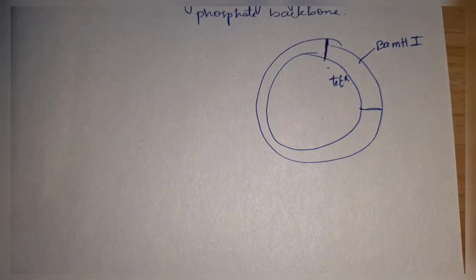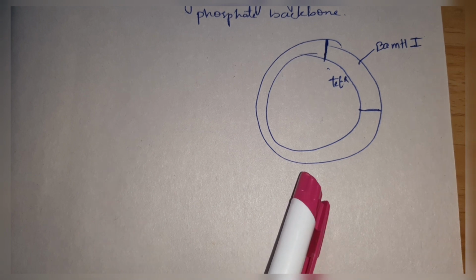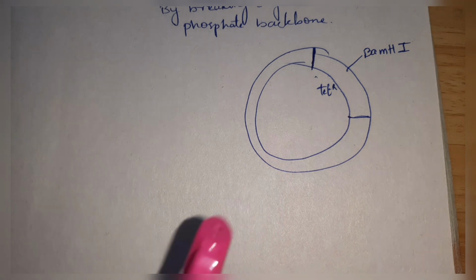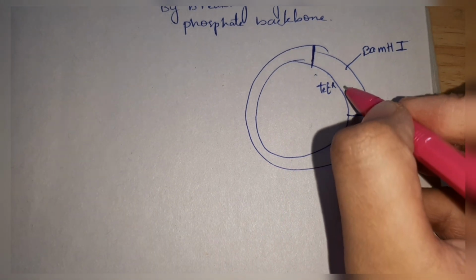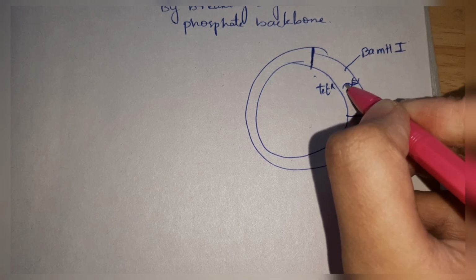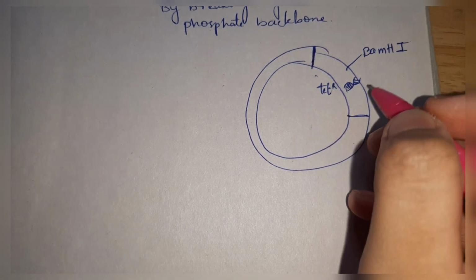To understand this, this is the rough diagram of the pBR322 plasmid. Here we are saying that we have inserted the foreign DNA in the BamHI region, which is the tetracycline resistance gene.